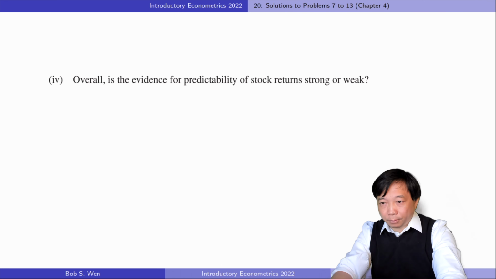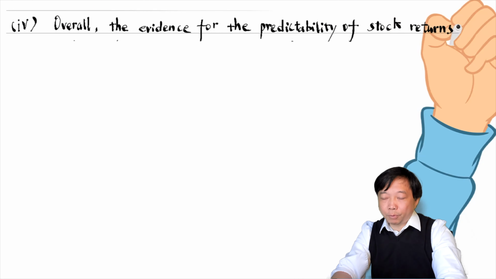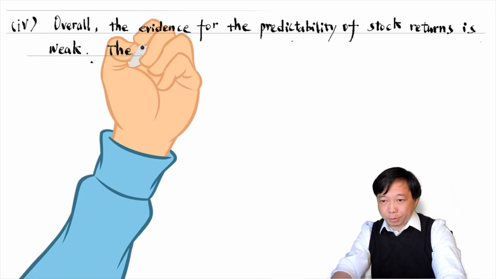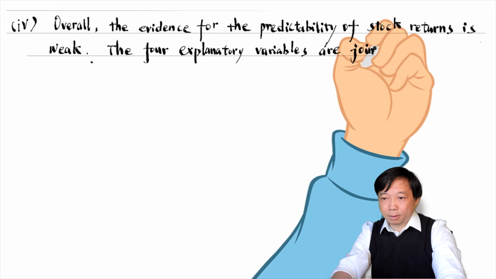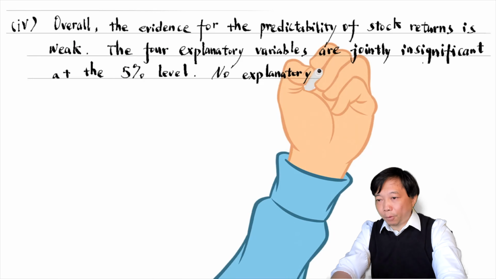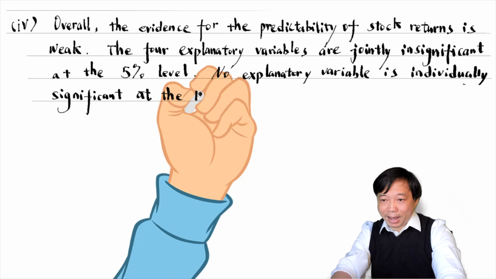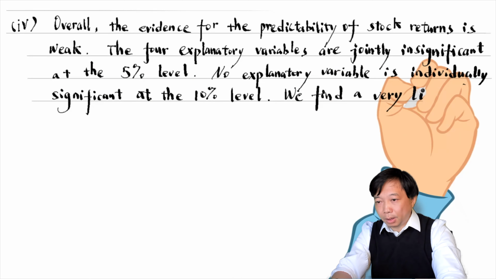The fourth question is about the evidence of the efficient markets hypothesis. According to the above estimates, the evidence for the predictability of stock returns is weak. The 4 explanatory variables are jointly insignificant at the 5% level.